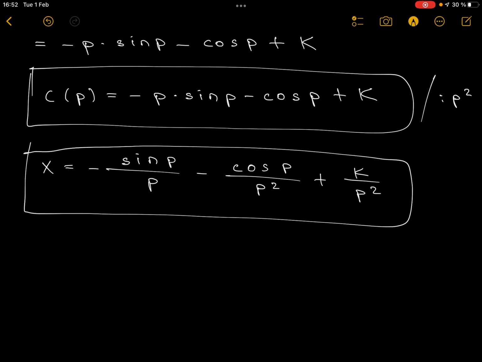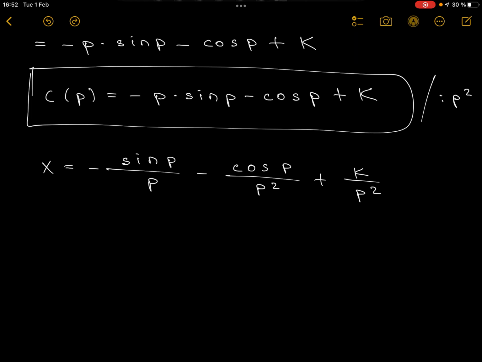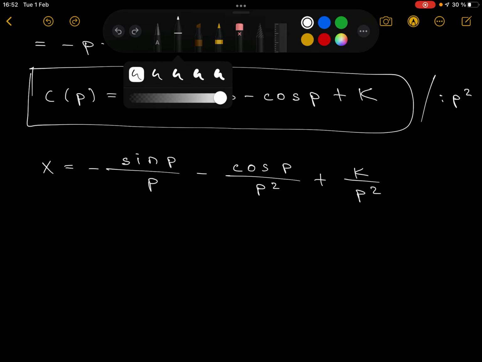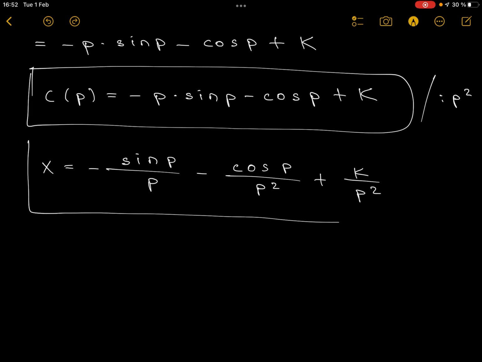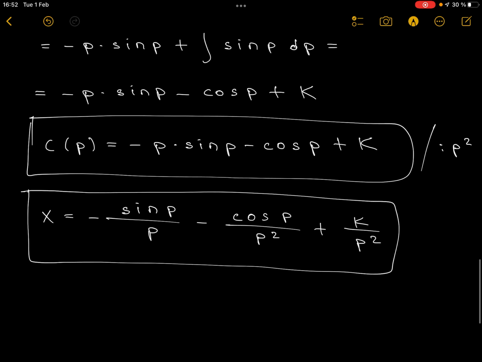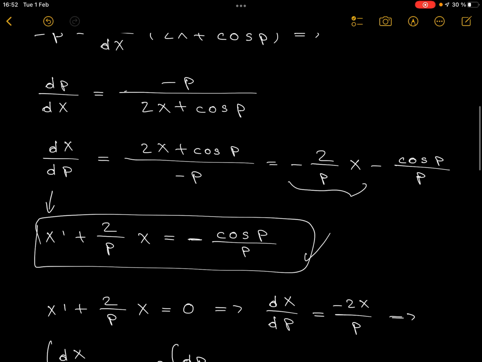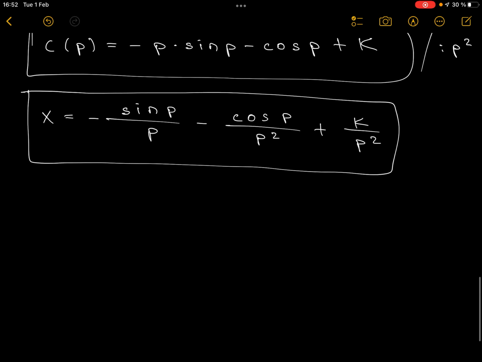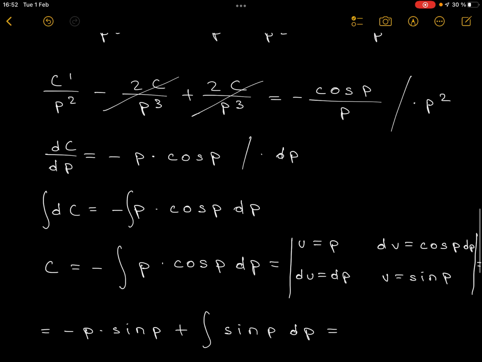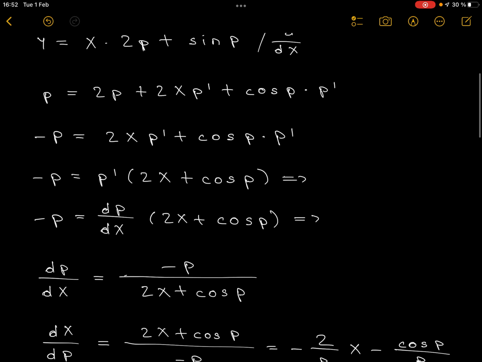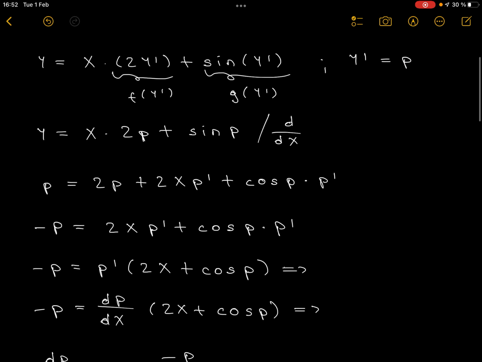Now this is the first part of our solution. We still have to get the y. Okay. And how do we go about getting y? Well, here we're going to look at this part of our equation, and we're going to get y from this formula right here.